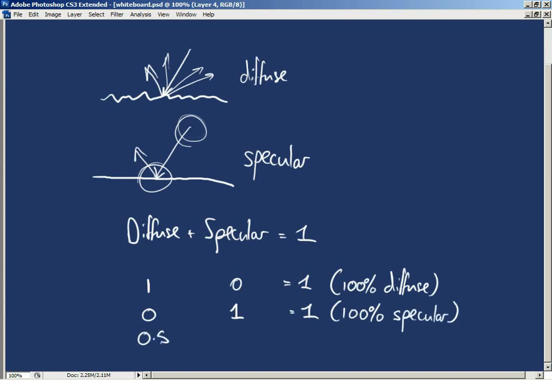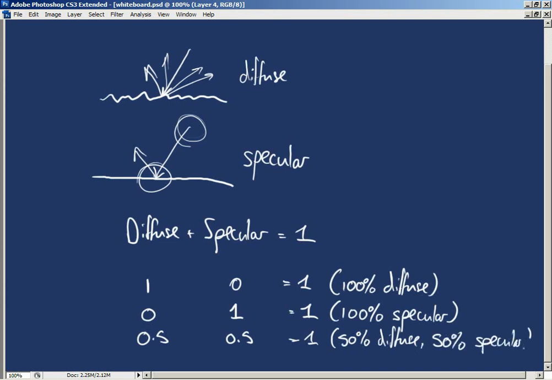Let's say we had 0.5 and 0.5, these would total to 1, but now we've got 50% diffuse, 50% specular, and we could go on, we could say, well, what if it was 0.25 and 0.75, again totaling 1, or if it was 0.75 and 0.25, again totaling 1.